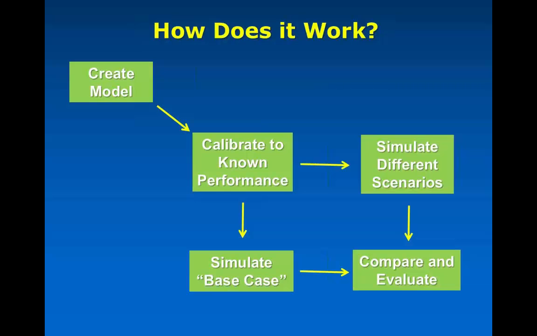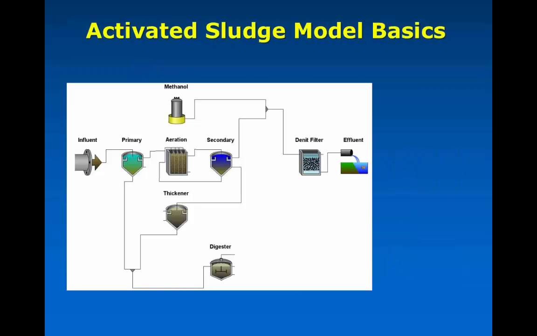Okay, so now we're looking under the hood, so to speak, to get a feeling for what is in GPSX, what is in these activated sludge models that we use. First of all, all of the equations that we use in GPSX total something in the neighborhood of about 10,000 for a typical plant.